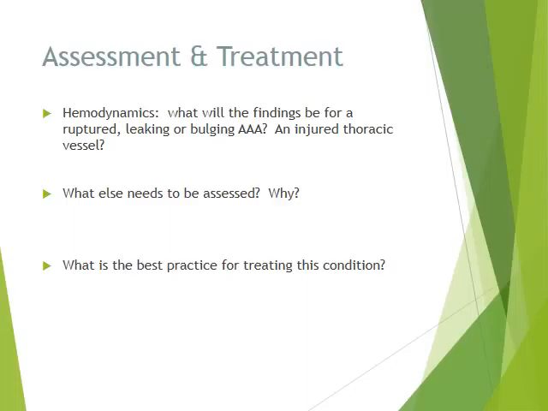If it's leaking, we also need to provide fluids to keep their cardiac output up. And then for bulging, we need to get a surgical consult. Same way with an injured thoracic vessel. We need to think about where the site is punctured, how severe it is, and what the patient's signs and symptoms are.